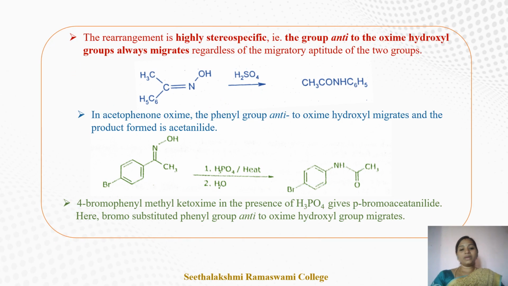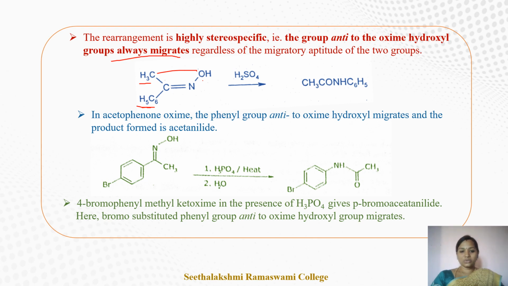The Beckmann rearrangement is highly stereospecific, that is, the group anti to the oxime hydroxyl group always migrates regardless of the migratory aptitude of the two groups. For example, you can see here there are methyl as well as phenyl groups. So methyl is present on the same side of this hydroxyl group, whereas the phenyl group is present opposite to the hydroxyl group.